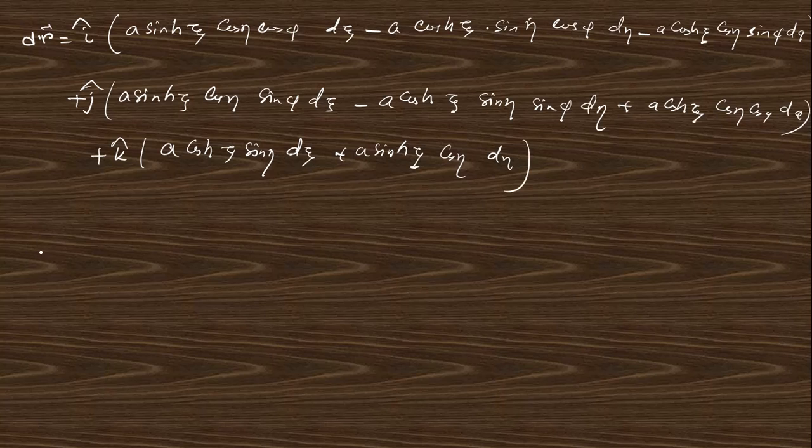Okay, after that ds square is nothing but dr vector dotted with dr vector, the square of this. You can see these terms cancel out; I only write the remaining terms.